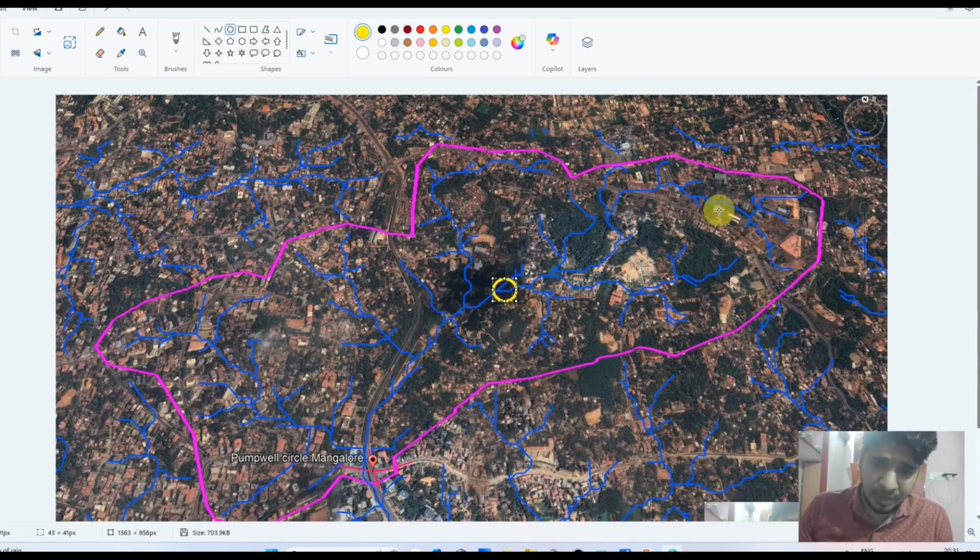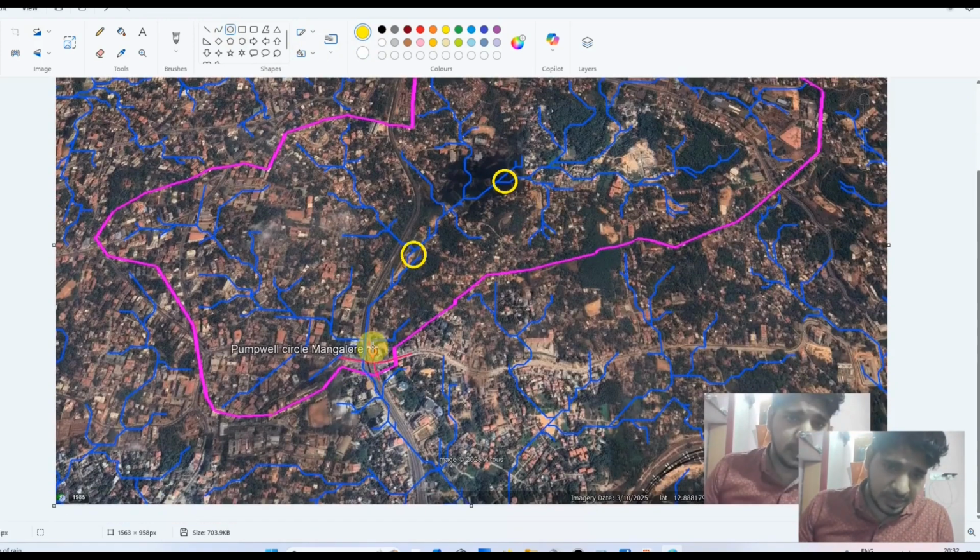So I can propose a pond here, so that whatever water comes from this eastern part can be stored here, and whatever surplus water there is, I can divert to the next point. I can propose the next pond somewhere here, and a further one on the downstream of this.